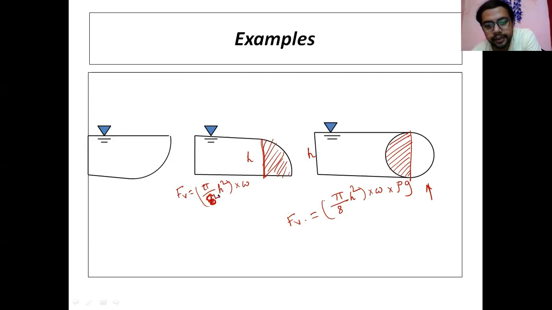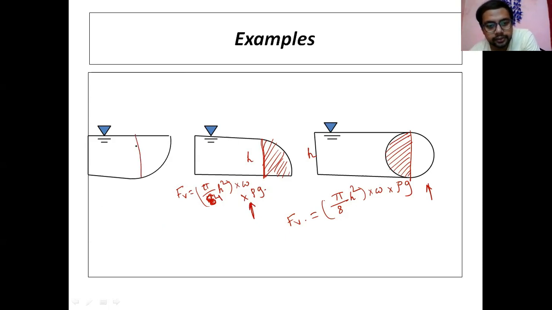Sorry, it's pi by 4 h square. Pi h square is the total. So pi by 4 h square times W times rho g. That is also an upward force.